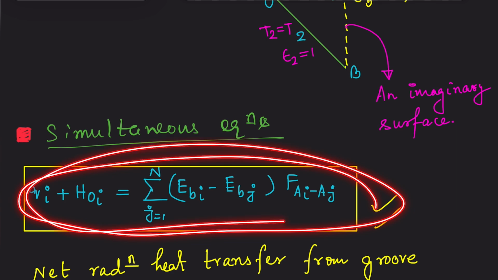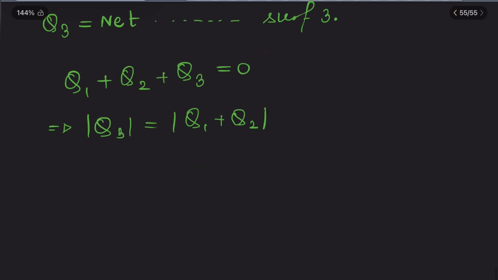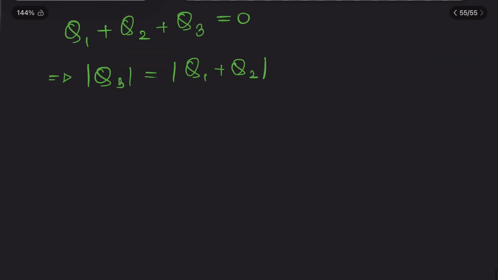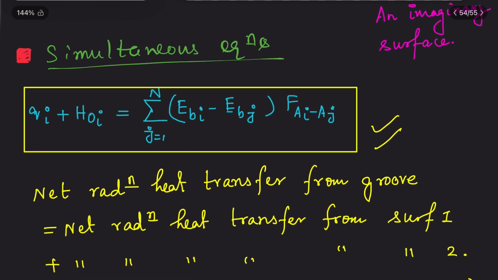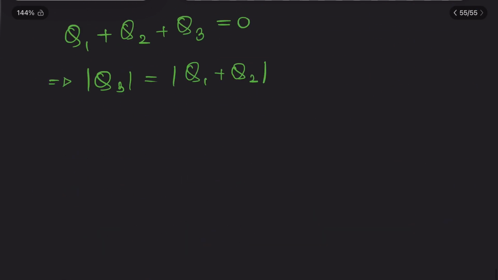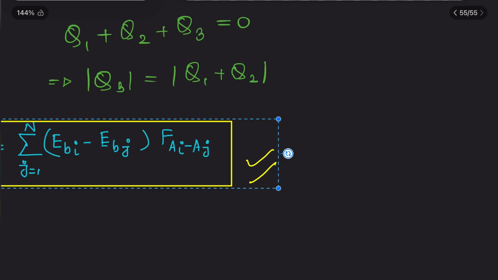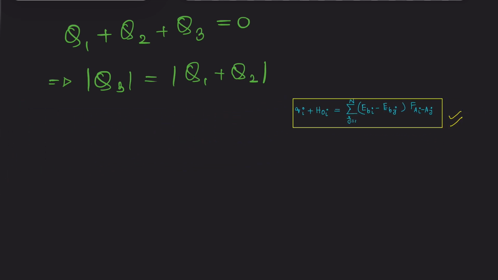So in this equation, let me put I equal to 1 and I equal to 2 to find small q1 and small q2. What I will do is just copy this and paste this here with a smaller font. So for I equal to 1, let me write this I equal to 1.